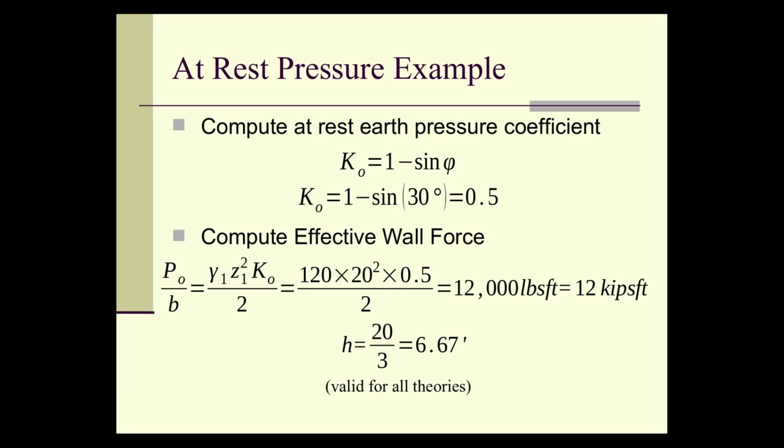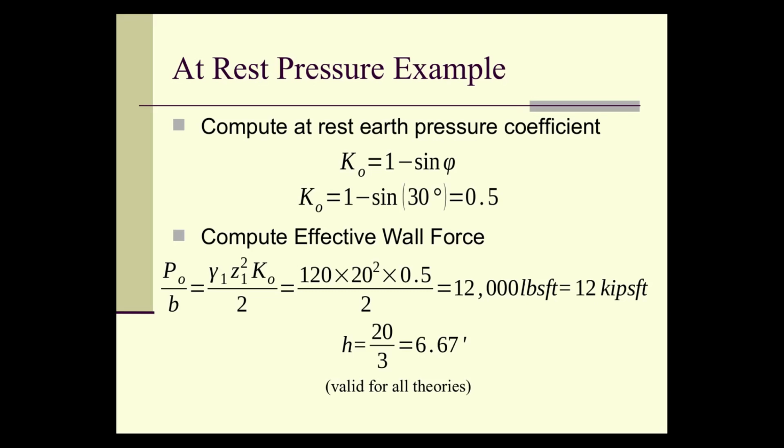We're going to see this over and over again because we're trying to represent a three-dimensional problem in two dimensions, as long as the third dimension, in and out of the board or the screen or whatever, doesn't change. So with that in mind, P0 is equal to gamma z squared K0 over 2.